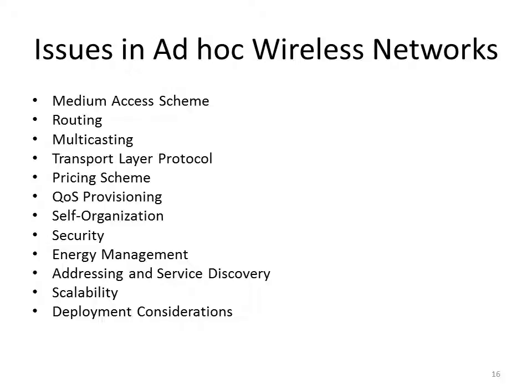What are the basic issues in ad hoc wireless networks? Whenever you have to work with an ad hoc wireless network, these are the different types of issues that may be encountered: medium access scheme, routing, multicasting, transport layer protocol, pricing scheme, quality of service, self-organization, security, energy management, addressing and service discovery, scalability, and deployment consideration.